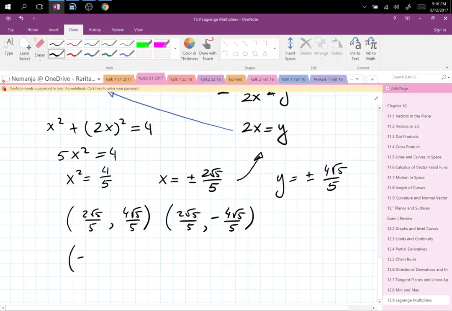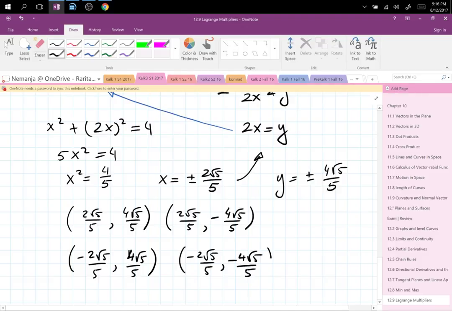And then I have negative 2 root 5 over 5 and positive 4 root 5 over 5. And finally, negative 2 root 5 over 5 and negative 4 root 5 over 5. Max, max, min, min.